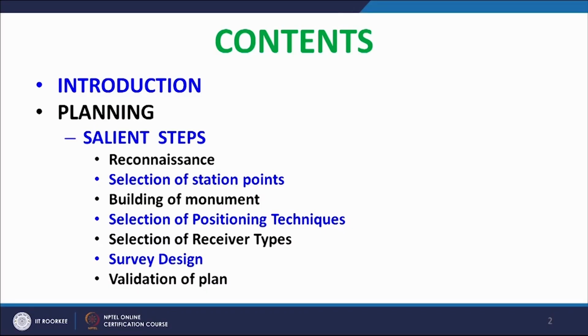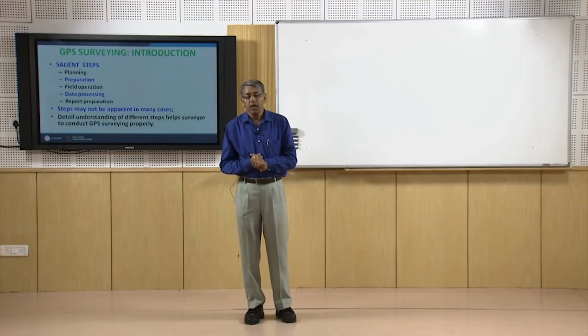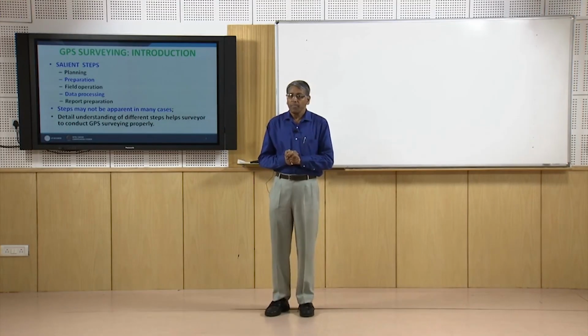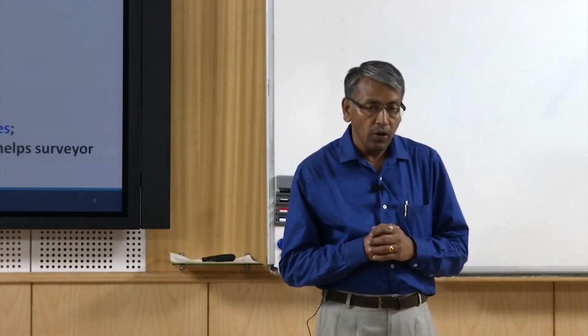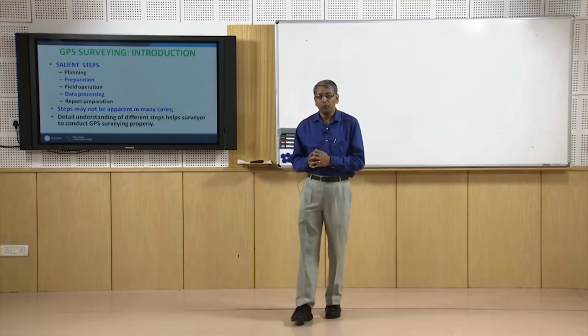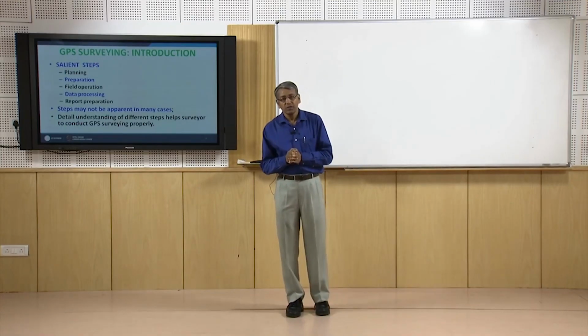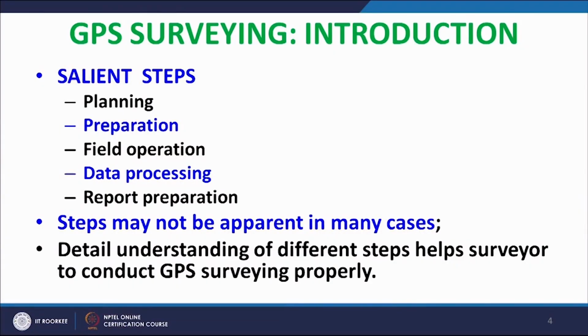Anyway, the salient steps in GPS surveying consist of: first you should go for planning, then you need to carry out preparation for it, followed by field observations. After the field observation we have to process the data and finally we have to prepare the report.